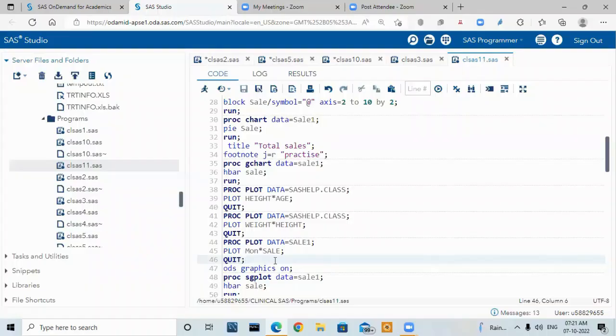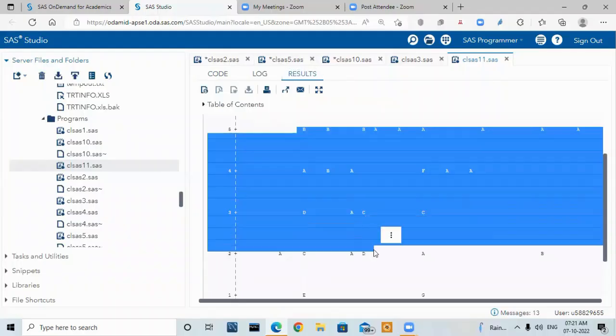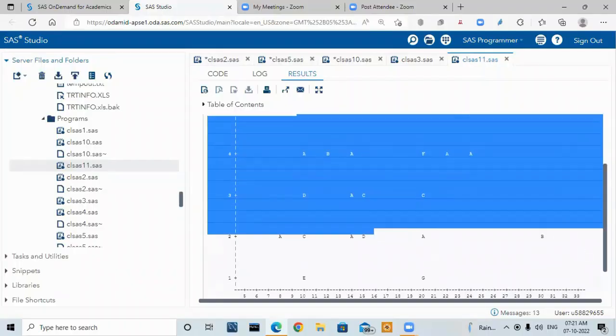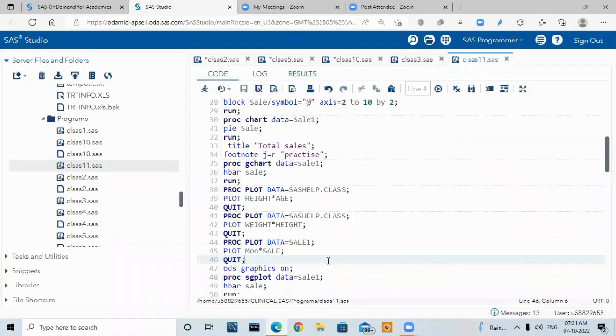Every month the sale is not related to the month. So the graph is not showing any perfect relationship; the sale is similar in all the months. This is the relationship for month versus sale.